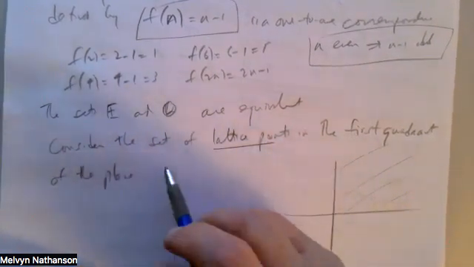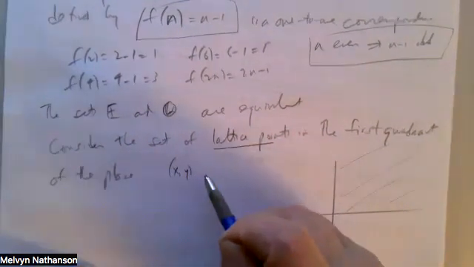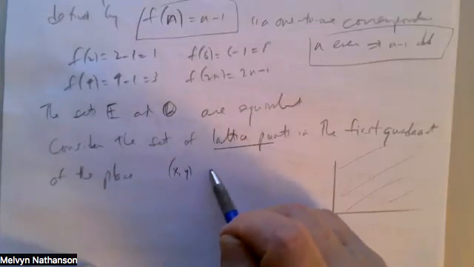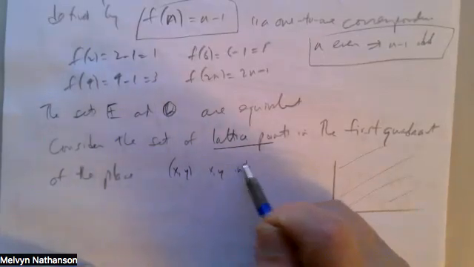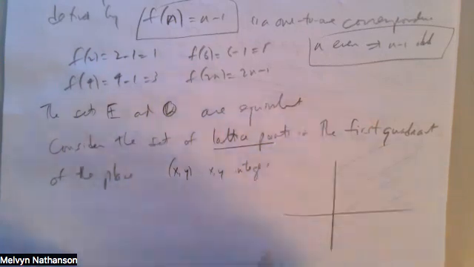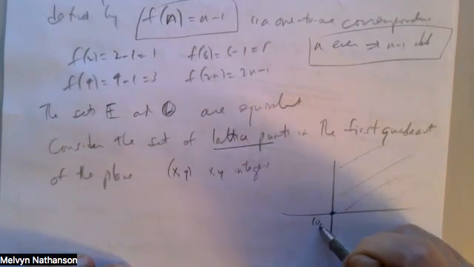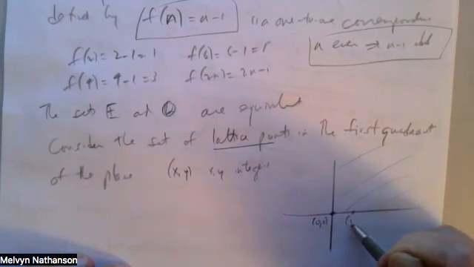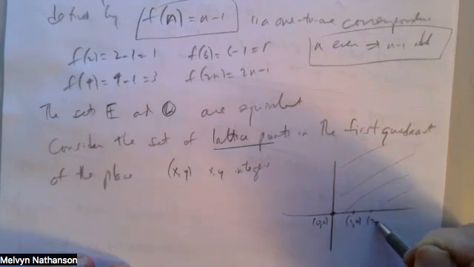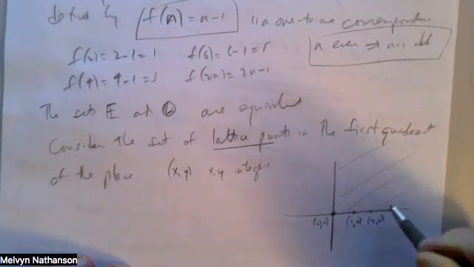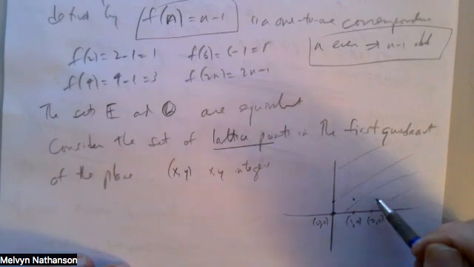And a lattice point is a point XY, where X and Y are integers. So what are the lattice points in the first quadrant? So we have 0, 0, 1, 0, 2, 0, sort of like this kind of checkerboard.